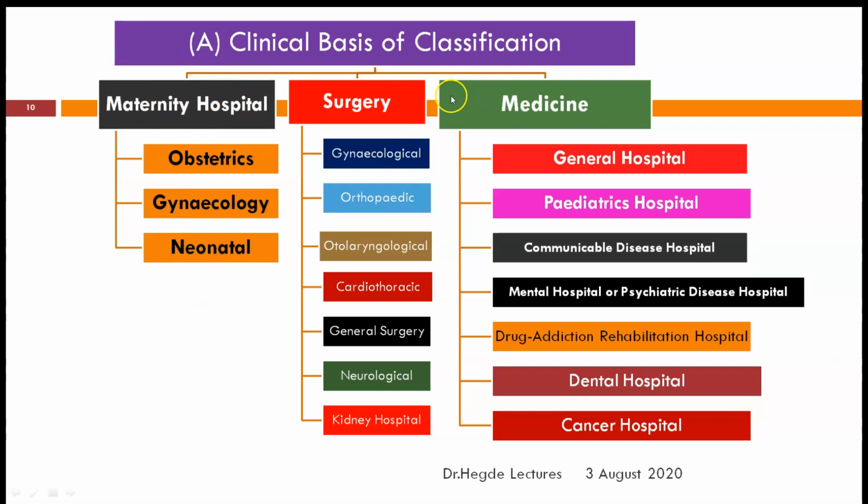In surgery, we have gynecological surgery, orthopedic surgery, otolaryngological surgery, cardiothoracic surgery, general surgery, neurosurgery, urology, and oncology or onco surgery. Medicine includes general hospital, pediatric hospital, communicable disease hospital, mental or psychiatric disease hospital, drug addiction rehabilitation hospital, dental hospital and cancer hospital. Sometimes the cancer hospital is made separate. They have a separate division and sometimes it is not included in surgery.